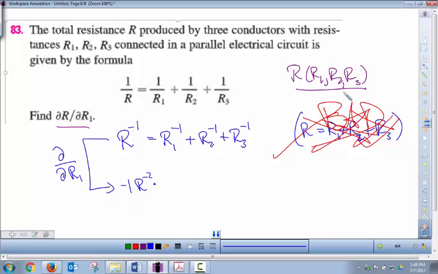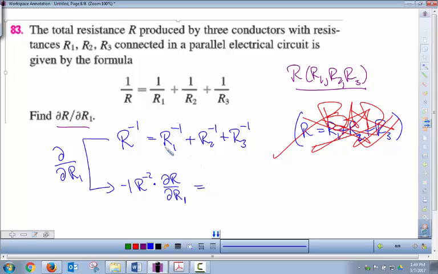Since R is a function of r1 and also r2, r3, we want to take the derivative of that R with respect to r1. That's like the power rule: negative 1, R to the negative 2, and then take the derivative of the inside, the derivative of R.